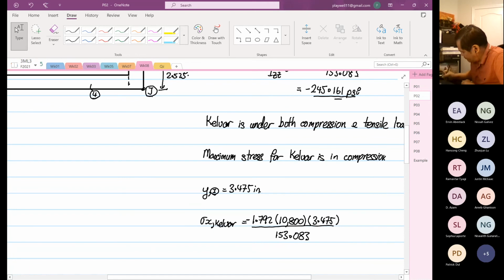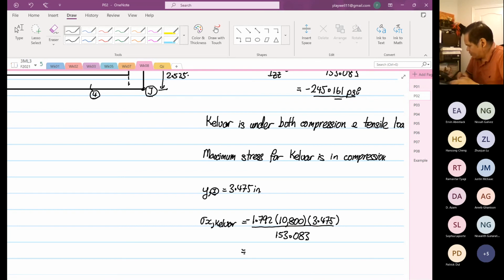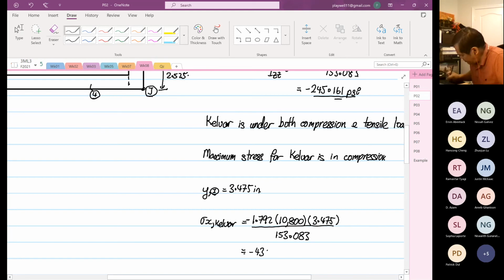So 1.792 times 10800 times 3.475 divided by 153.083 is equal to minus 439.329. Okay, so minus 439.329 psi.